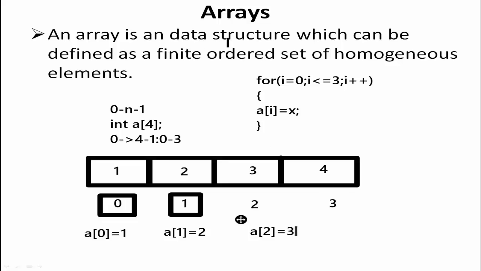Now it will be incremented and it will check the condition, whether 3 is less than or equal to 3. Then the condition is true, then it goes to the 3. So now it goes to A of 3. Array of index equal to 3. The element residing inside index 3 is 4.